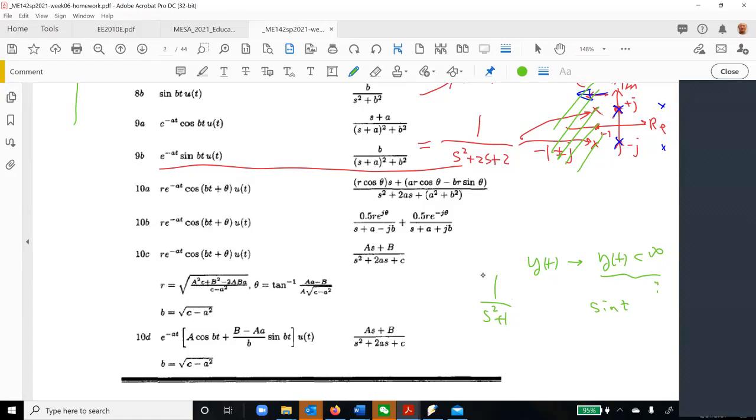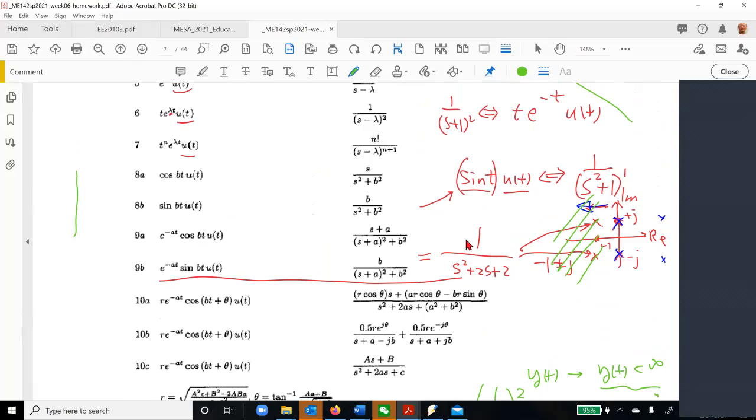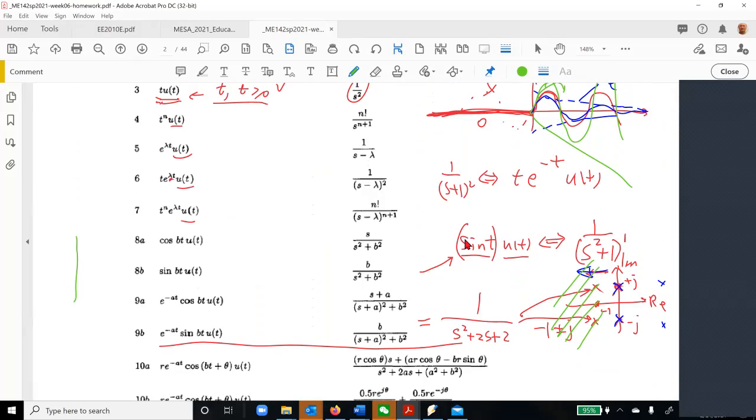But what if you have a square? Then you are going to have something different because of this square. If you have a square in here, you are going to have an additional t, which is also true.